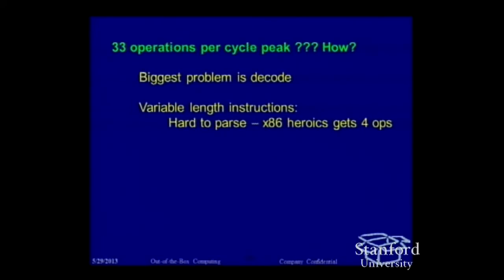And they throw hardware, and they throw power, and they throw everything else at parsing, and they only are able to decode 4 instructions at a time, and then only if it's a restricted subset of the instruction set, because if some of the really lollapalooza instructions in the x86 instruction set, you get 1 out, maybe. So, we actually have got a very compact instruction encoding, and we run around 15 bits per operation.